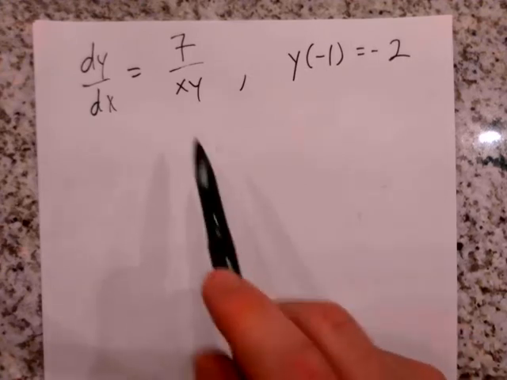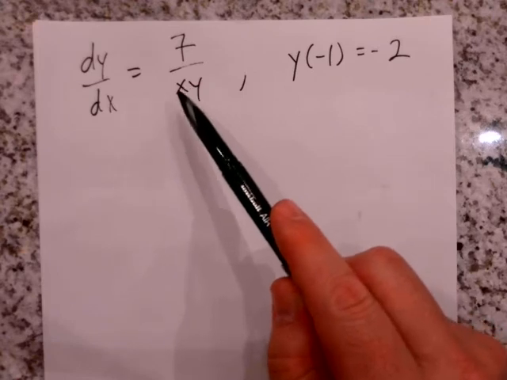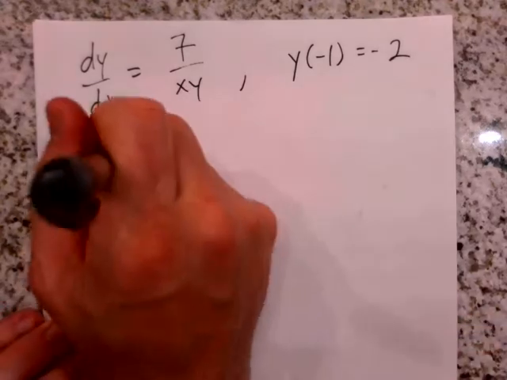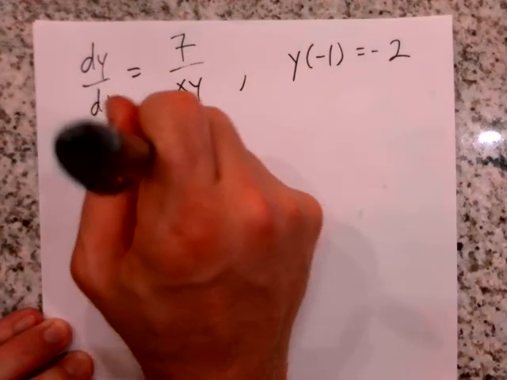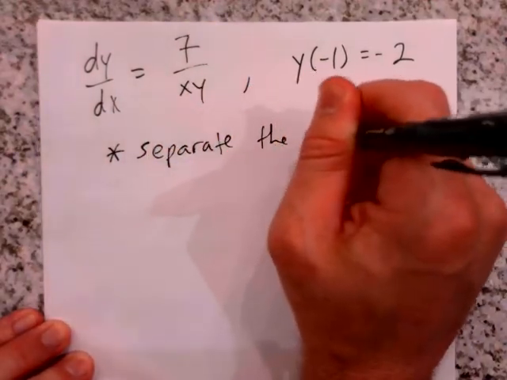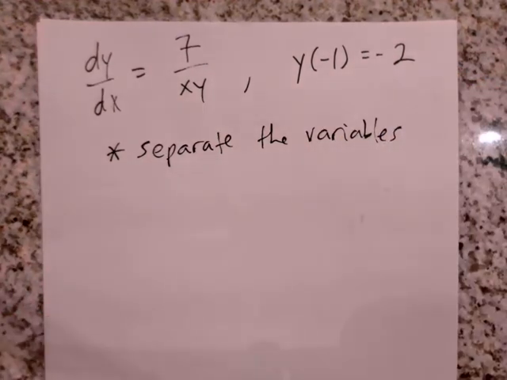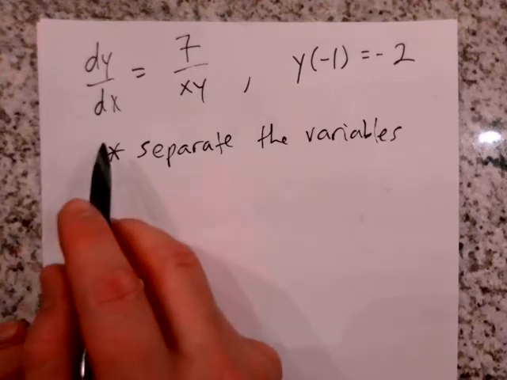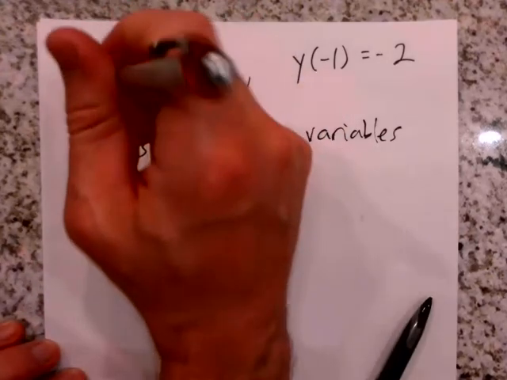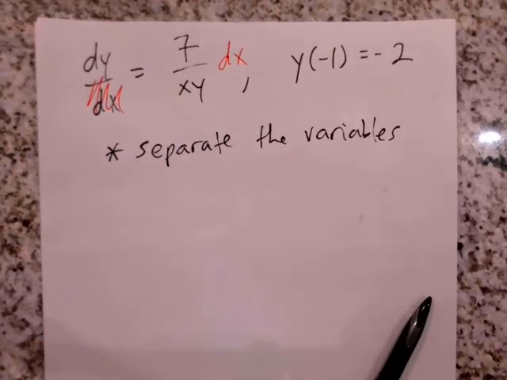So here our differential equation is in terms of x and y. So our first step is to separate the variables. Because this is single variable calculus, which means we can't do integrals if there's two variables in them. So what we do is we write this in differential form, which remember just means moving that dx to this side. It looks like you're multiplying by dx, but you're not, you're just changing the form.